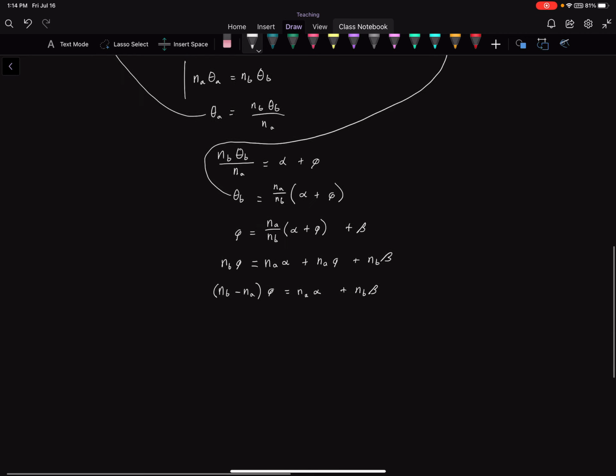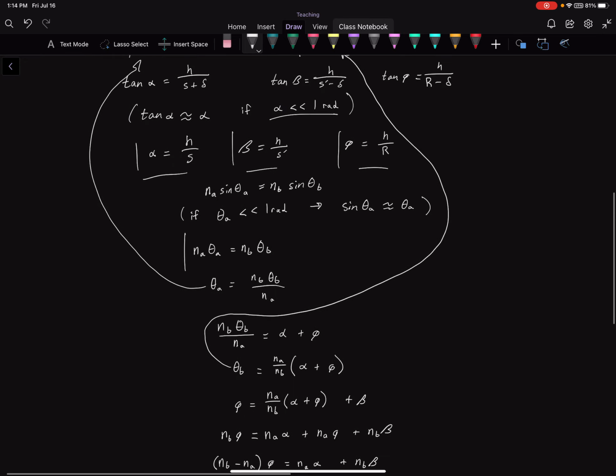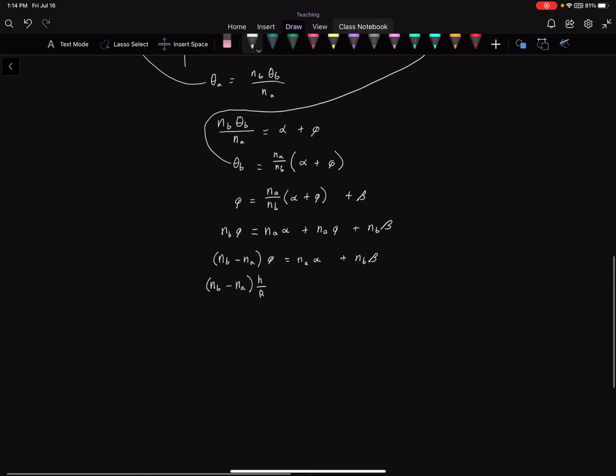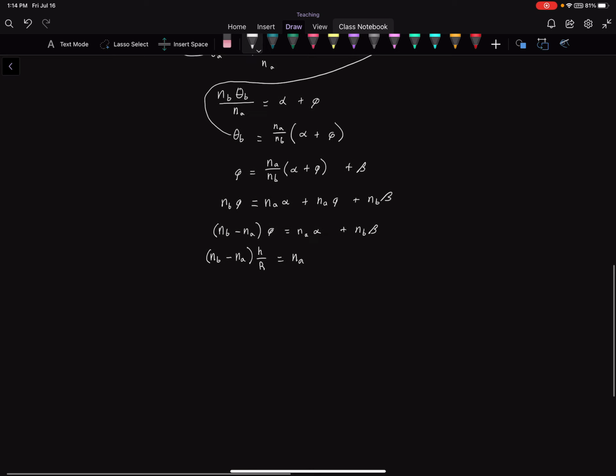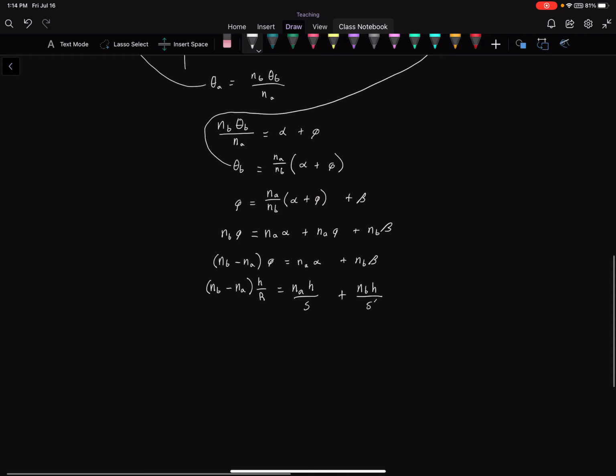So we have NB minus NA times phi, which is h over R, is equal to NA times alpha, which is h over S, plus NB times beta, which is h over S prime. All right. And if you divide by that common factor h, eliminate that.